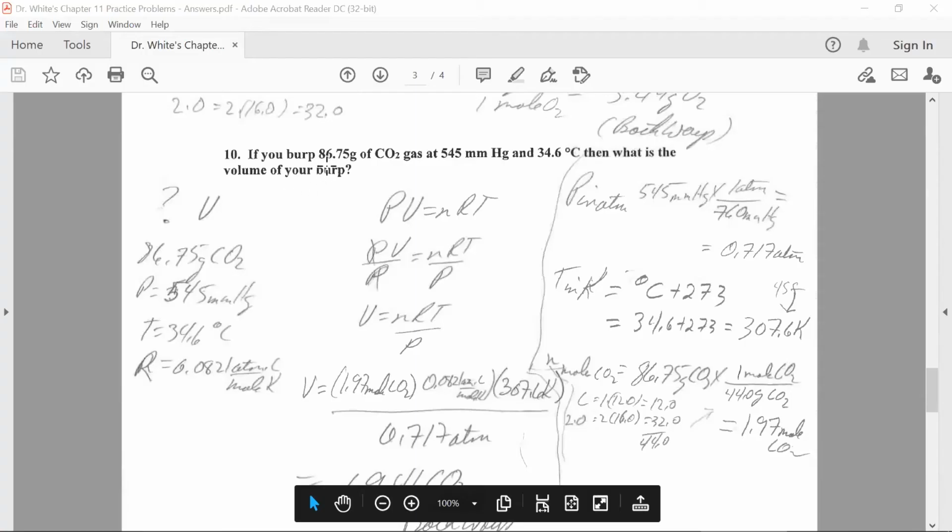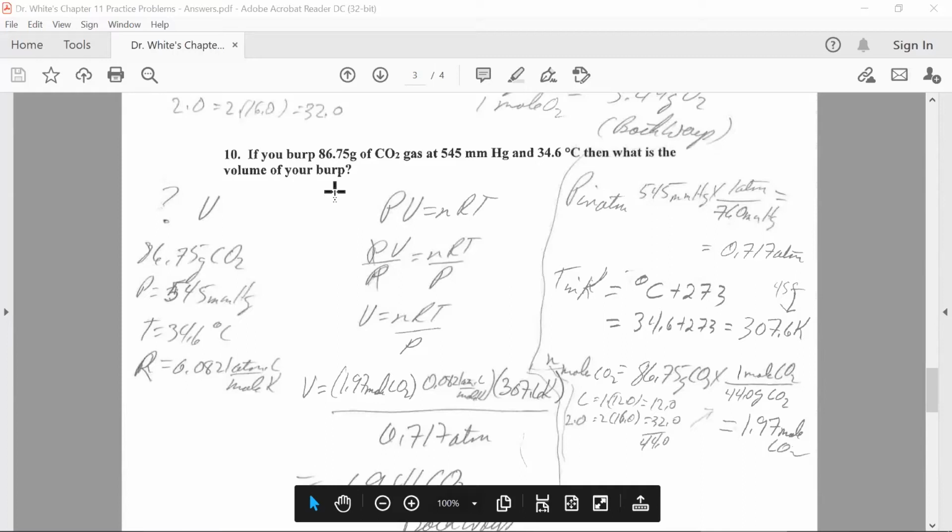If you burp 86.75 grams of carbon dioxide, CO2 gas at 545 millimeters of mercury and 34.6 degrees C, then what is the volume of your burp?